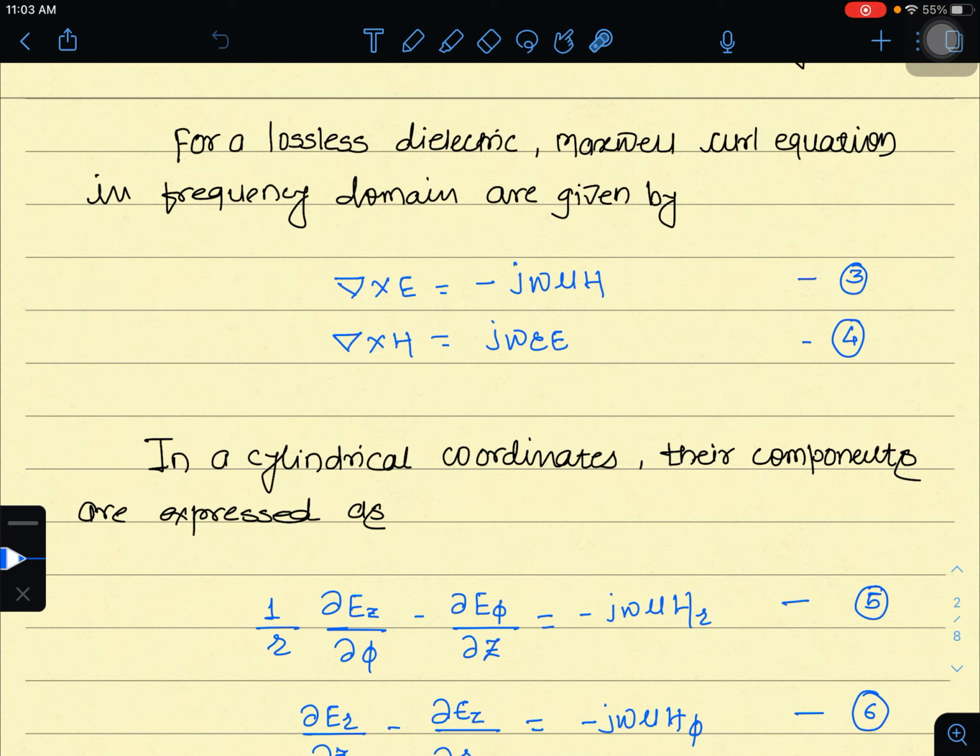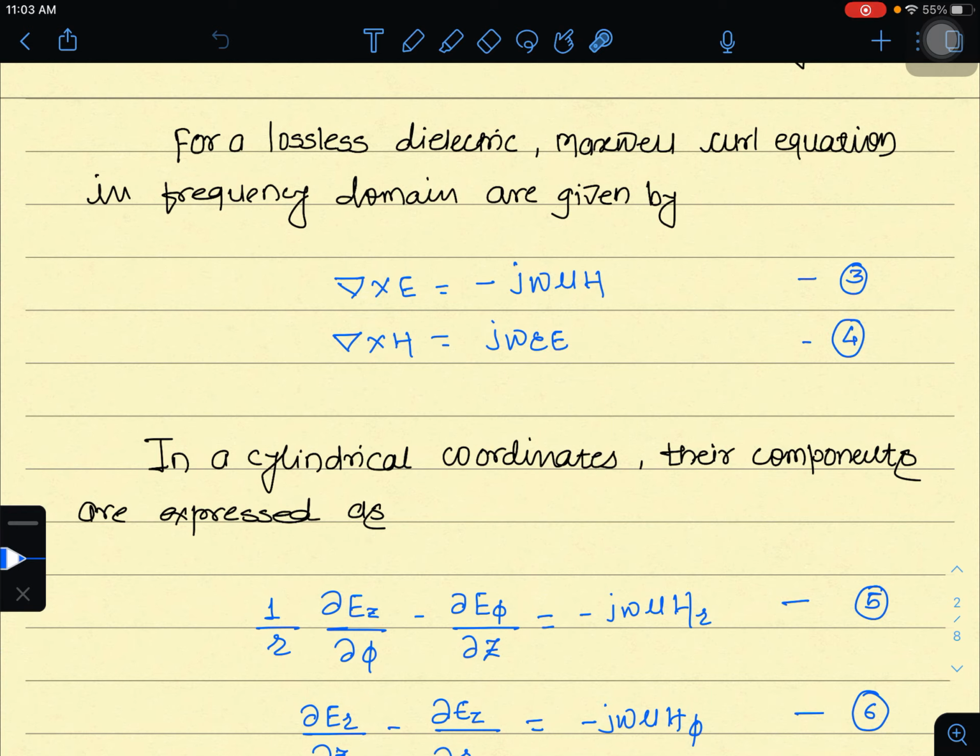In terms of Maxwell's curl equations in the frequency domain, we have del cross E and del cross H. These two equations give the Maxwell curl equations in the frequency domain.